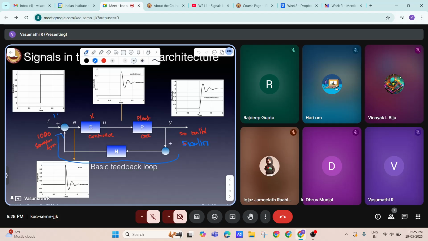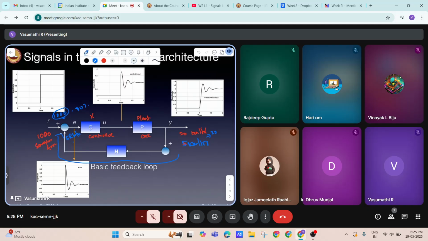My reference is 1000, and I am getting an output of 5 kilometers per hour instead of 20 kilometers per hour for giving 1000 as input. So what this controller will do is find the relation between the input and the output, so that it knows what input to change to bring the 5 to 20.